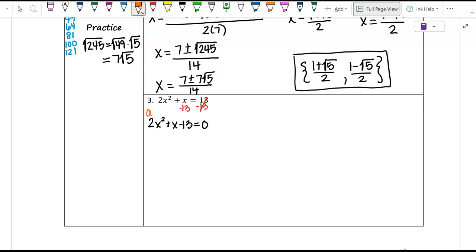So A is 2, B, because there's nothing else in front of that x, B is going to be 1, C is going to be negative 13. So x equals negative 1 plus or minus the square root of 1 squared minus 4 times 2 times negative 13, all divided by 2 times 2.